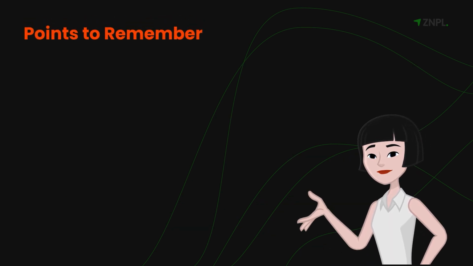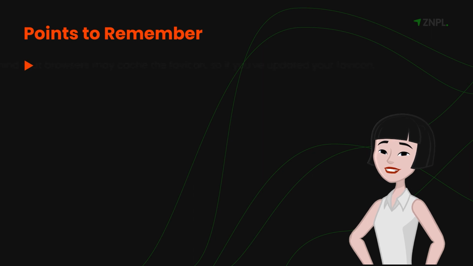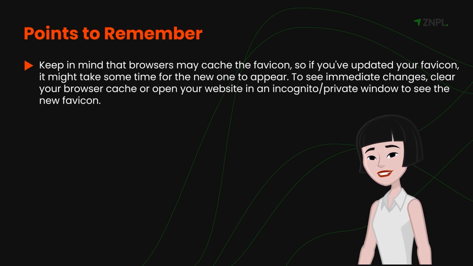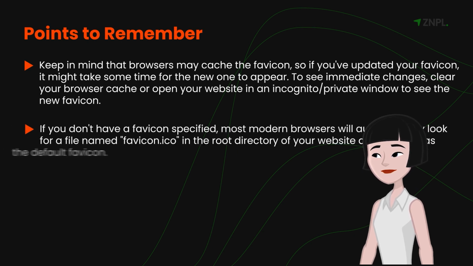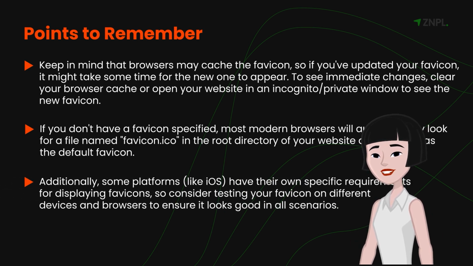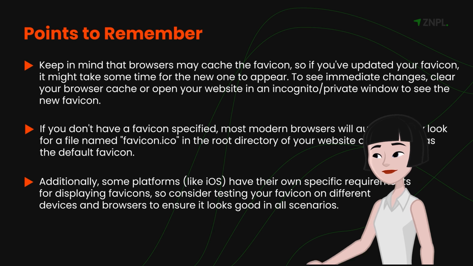Points to remember: 1. Keep in mind that browsers may cache the favicon, so if you've updated your favicon, it might take some time for the new one to appear. To see immediate changes, clear your browser cache or open your website in an incognito or private window to see the new favicon. 2.